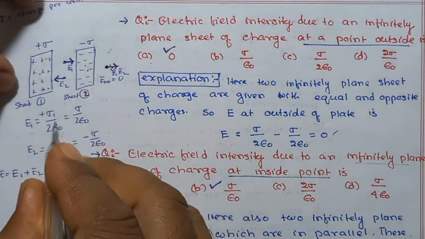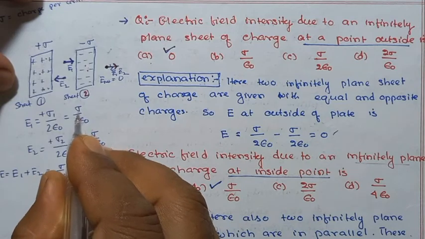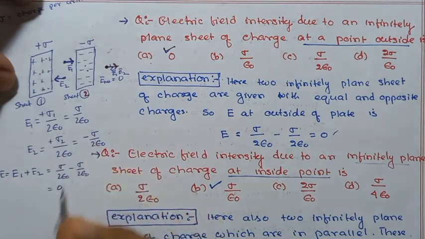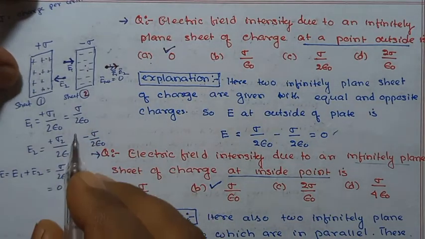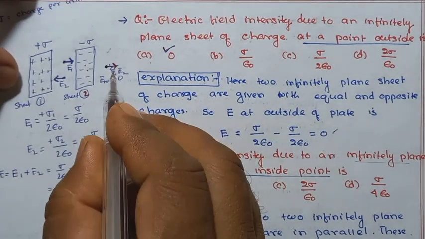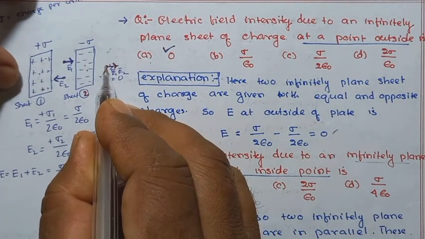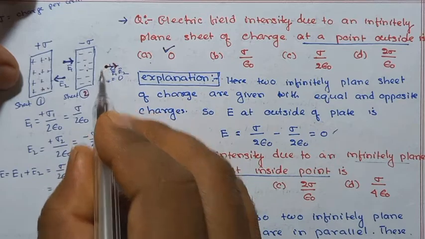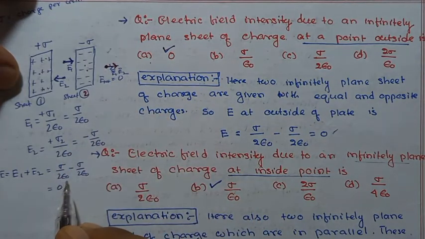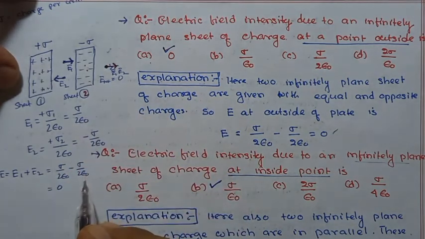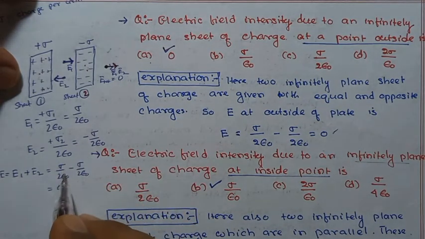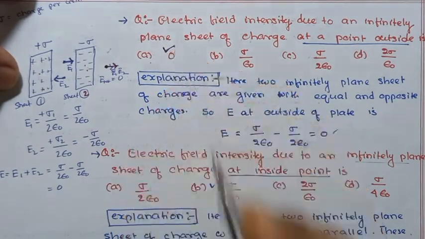So putting sigma 1 is equal to sigma and sigma 2 is equal to minus sigma, then we will get net electric field at outside is equal to E1 plus E2. So E1 is sigma by 2 epsilon 0. E2 is sigma by 2 epsilon 0. But it is negative. So sigma by 2 epsilon 0 minus sigma by 2 epsilon 0, that is 0. So option A is correct.